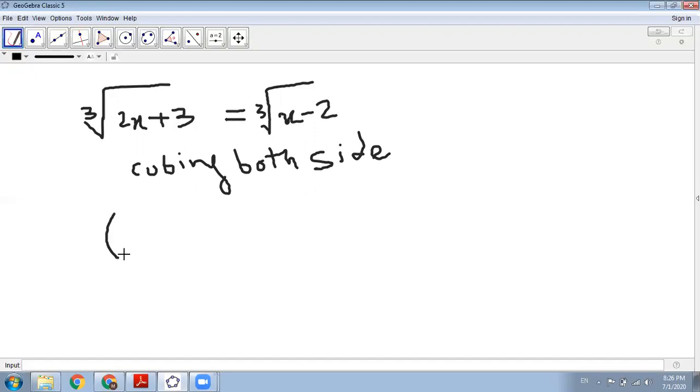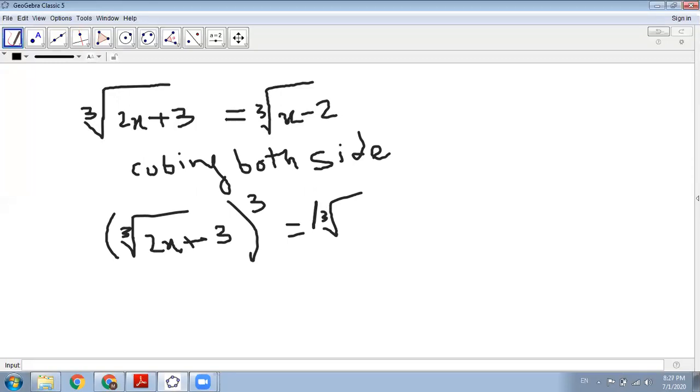When we cube both sides, it will become like this: cube root of 2x plus 3, whole cubed, equals cube root of x minus 2, whole cubed. Again, the cubic root and cube will be cancelled out with each other, same on this side of the equation.